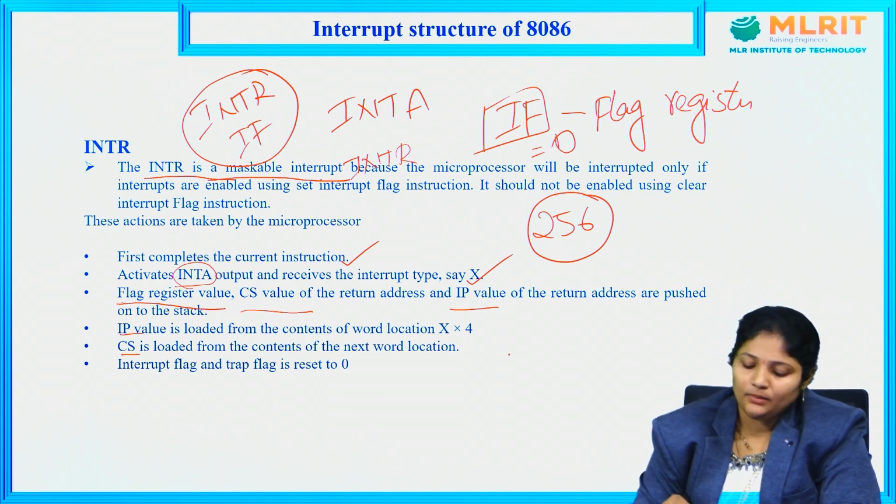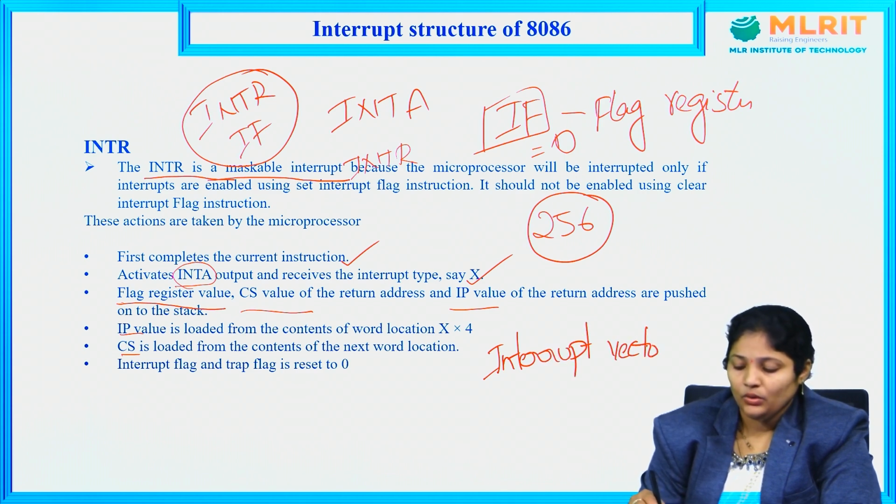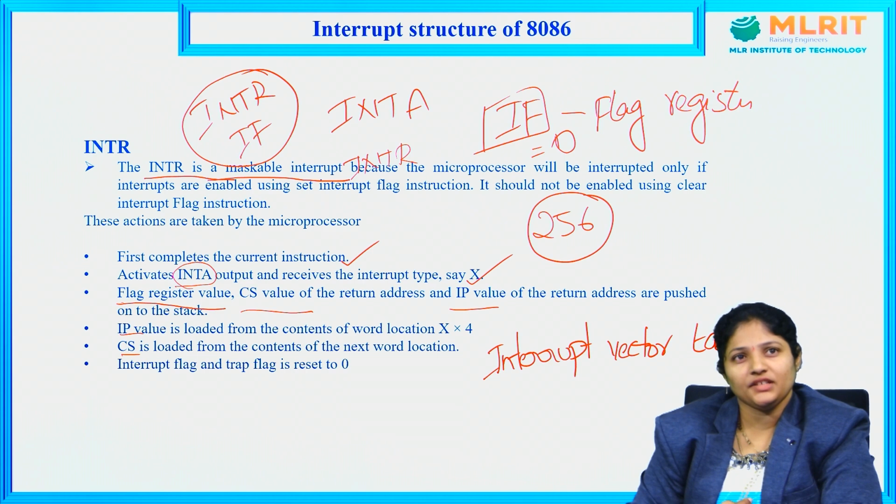It is nothing but the interrupt vector table. These 256 interrupt addresses, IP addresses and code segment addresses, are stored in one memory location, which is the interrupt vector table.